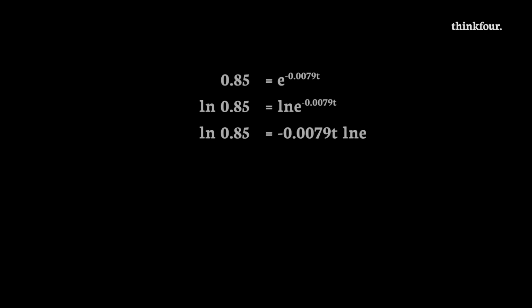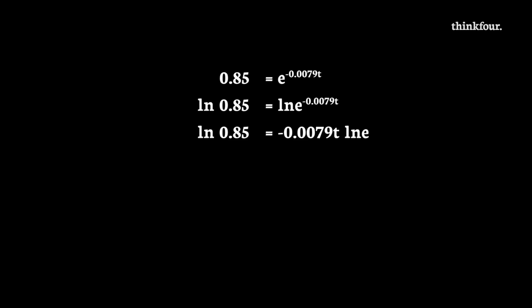The second method is to take logs of both sides. We're working in base e, so we use log to the base e or natural logarithm ln. This gives us ln 0.85 equals ln e to the power of negative 0.0079 t.